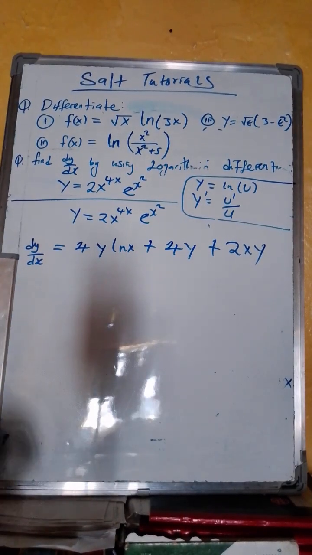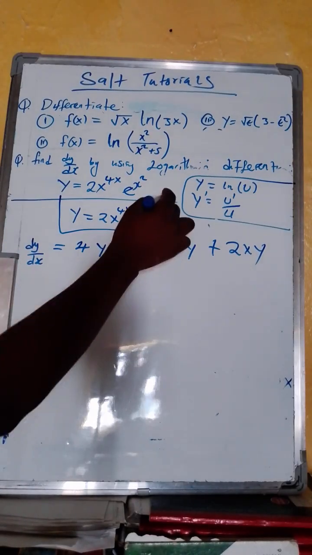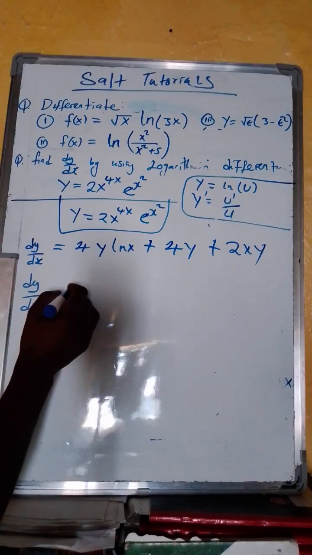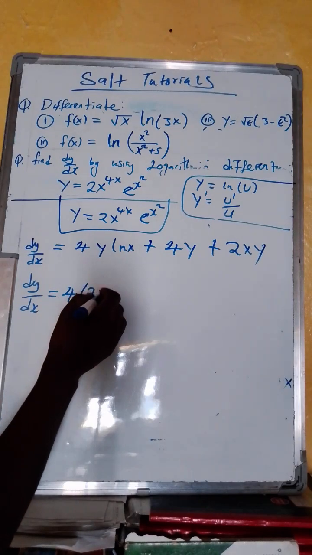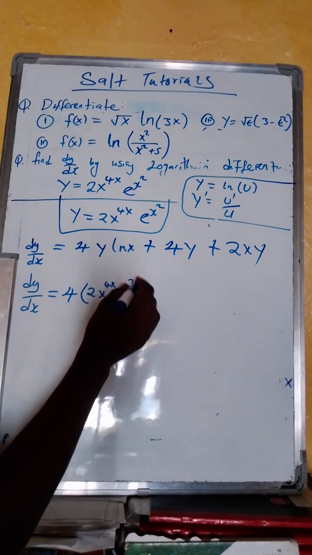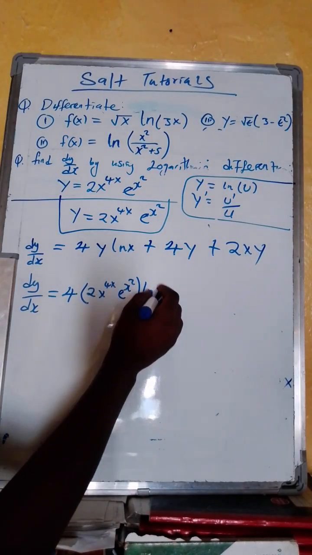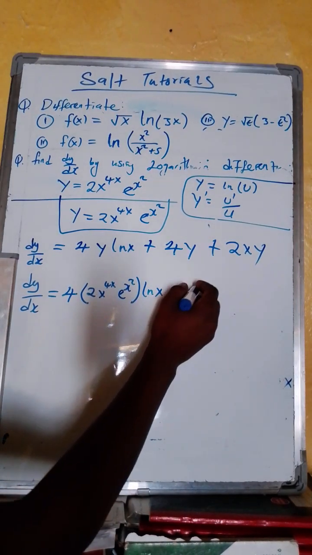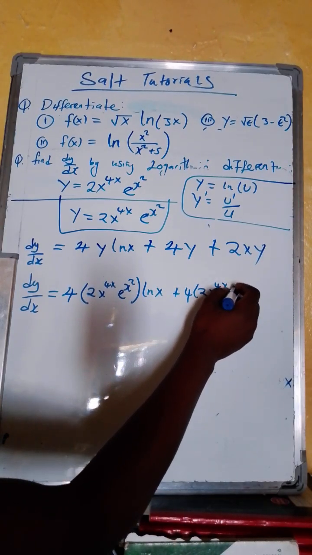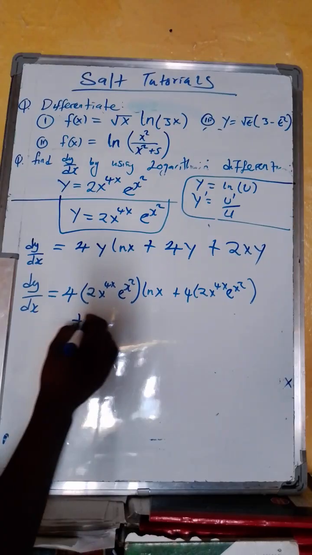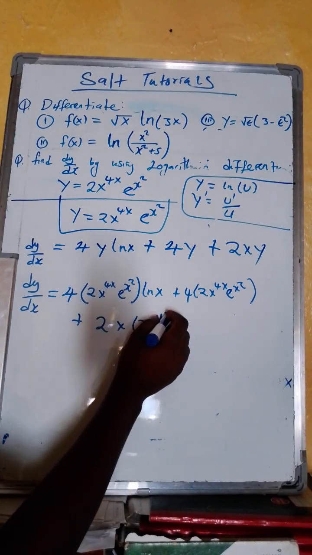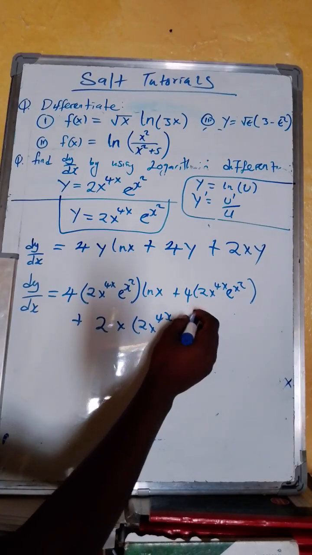So my dy dx will now be equal to 4 multiplied by 2x^(4x) e^(x squared) ln x plus 4 multiplied by 2x^(4x) e^(x squared) plus 2x multiplied by 2x^(4x) e^(x squared), and you are done.